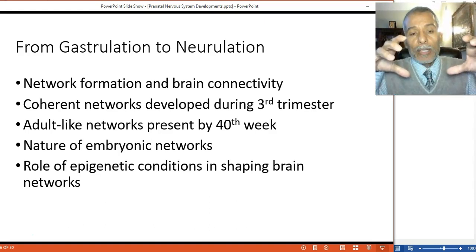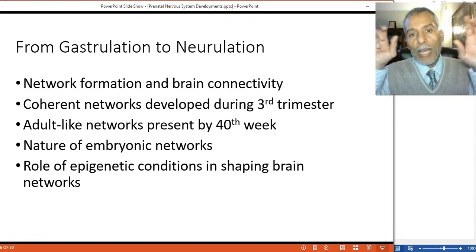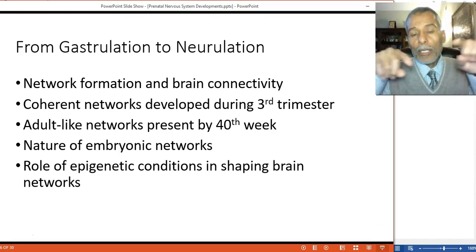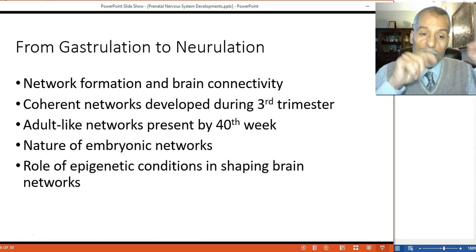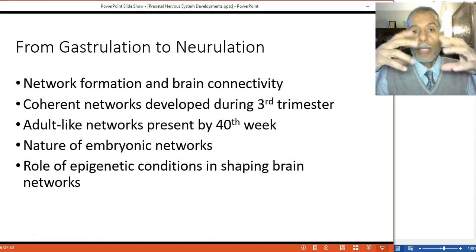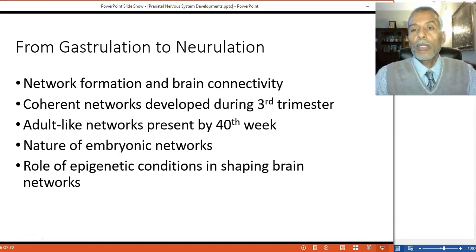So the environment is going to shape and stimulate that nervous system, including the brain. And depending on the nature of the stimulation or lack of that stimulation, the networks will develop and connect based on whatever the environment feeds into it, whether positive or negative.